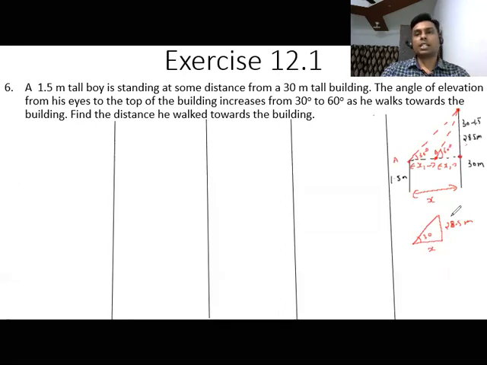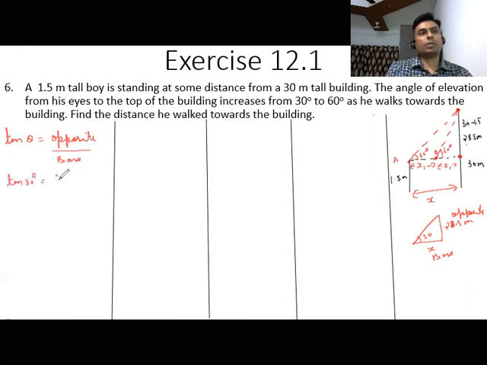So to get x, remember, this is opposite and this is the base. Which trigonometric function relates opposite and base? It is tan. So I can use tan. Tan theta is equal to opposite by adjacent or base. Now here it's 30 degrees. So tan of 30 degrees is equal to 28.5 divided by base x.